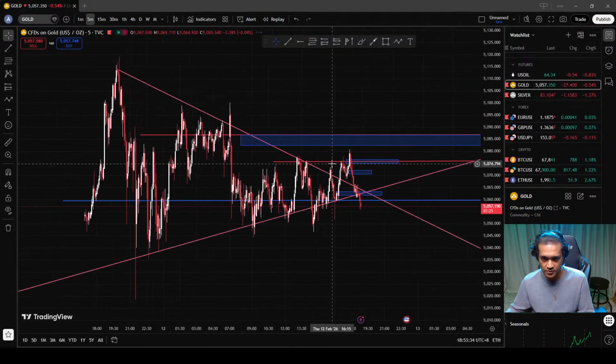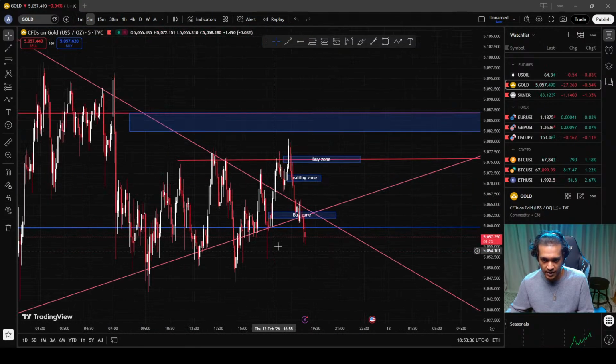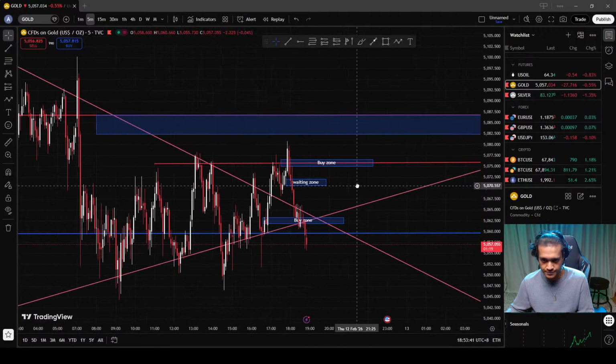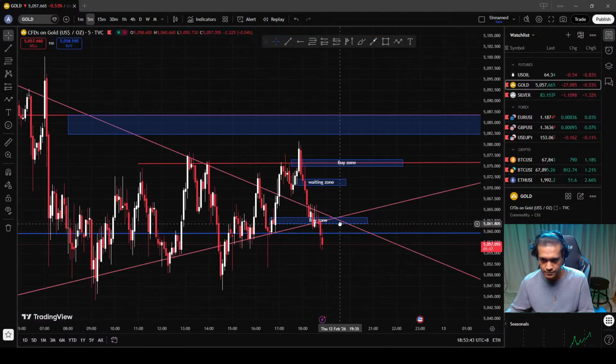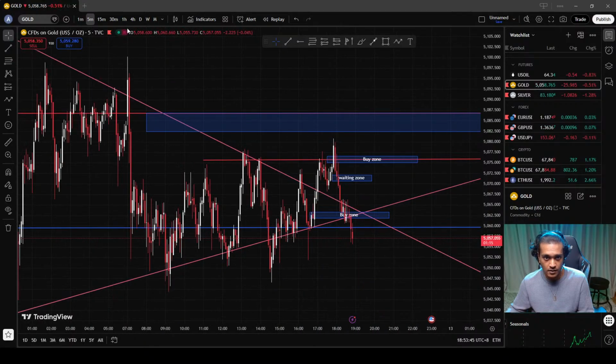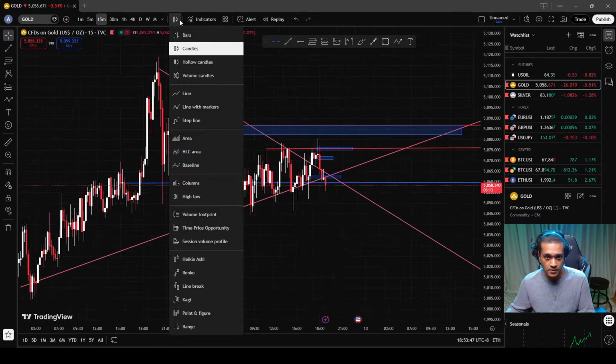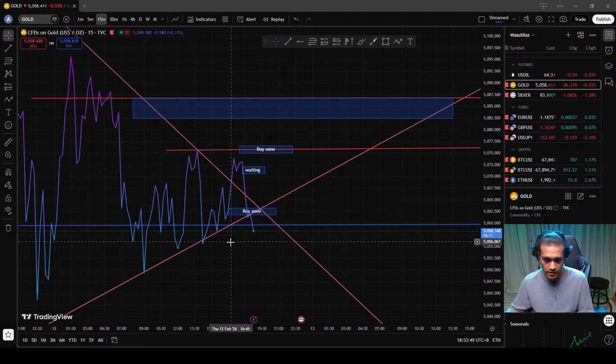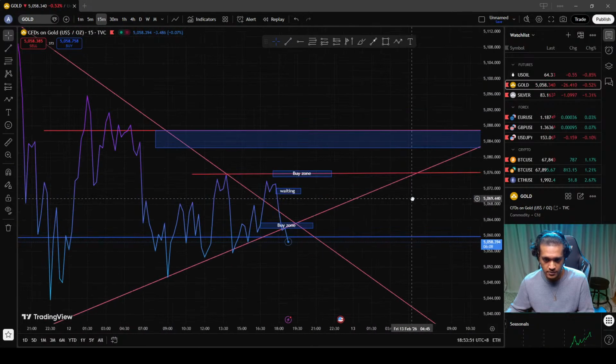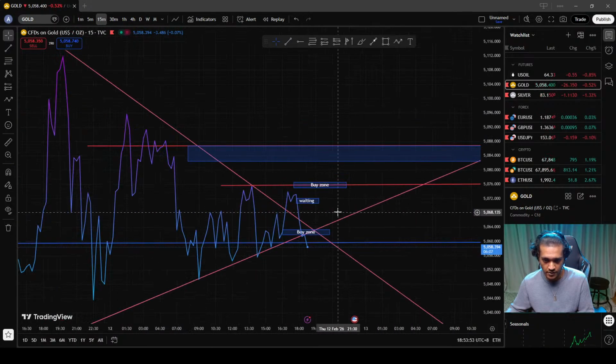So the price is most likely coming back to this zone area here. Everything on my chart can come back here. So we come back to our support here.